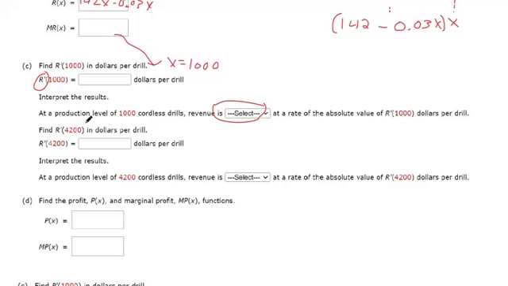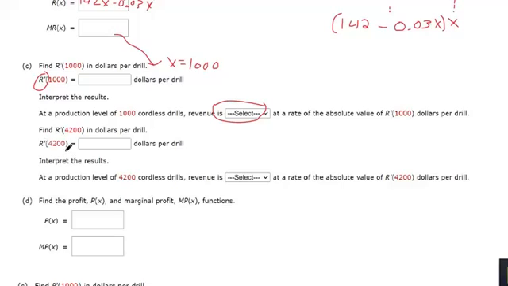In this case, the derivative of R is telling us how fast the revenue is changing. If the derivative is positive, that means revenue is increasing when you plug in 1,000. And if the derivative is negative, that means revenue is going down at X equals 1,000. So it doesn't tell you what revenue is, it tells you the rate of change of the revenue. That depends on your answer for part C. If you get a positive number, then you should be selecting increase for this spot.